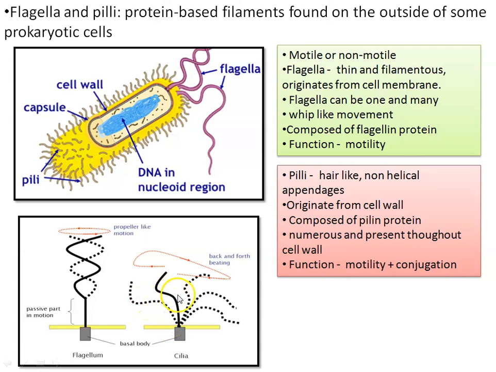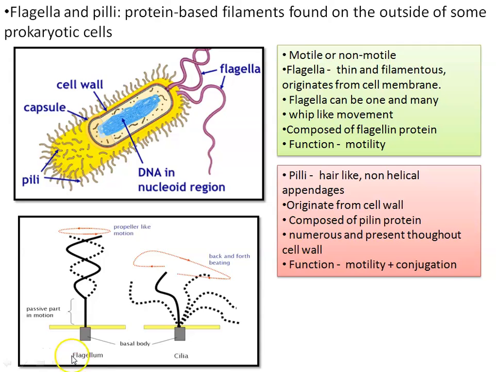They can be present in pairs, or all over the surface of the cell, and the movement is always synchronous. It is the forth and back beating of the cilia which helps in the movement of the bacteria. The back and forth beating movement is restricted to cilia, and propeller-like motion is seen in flagella.